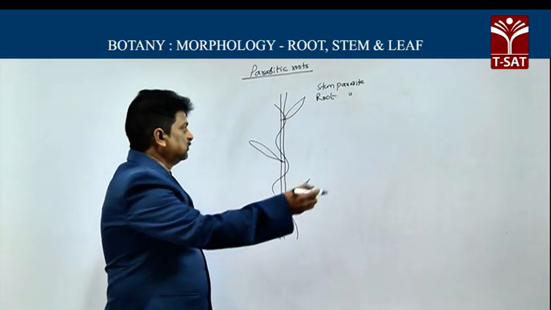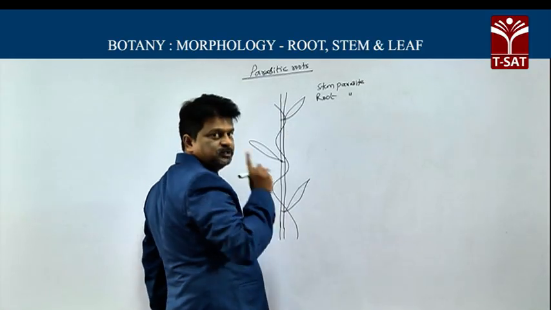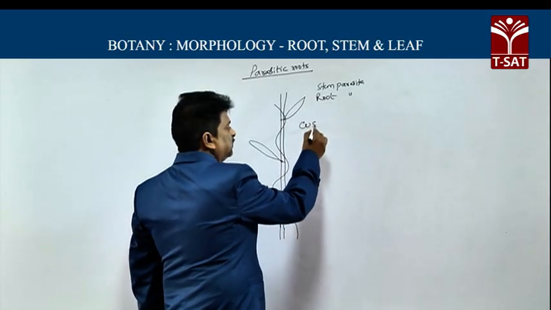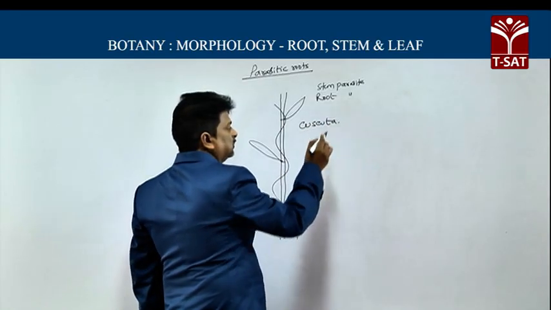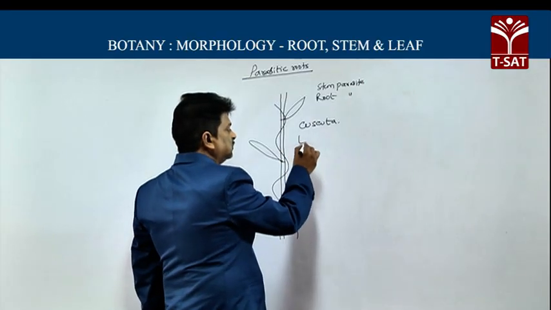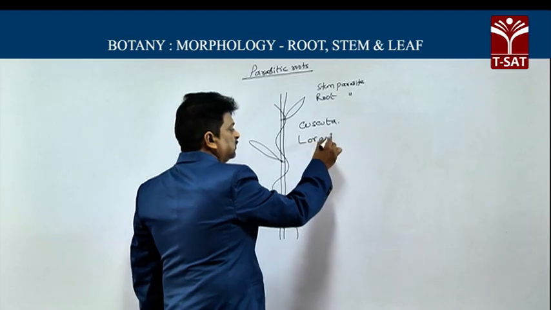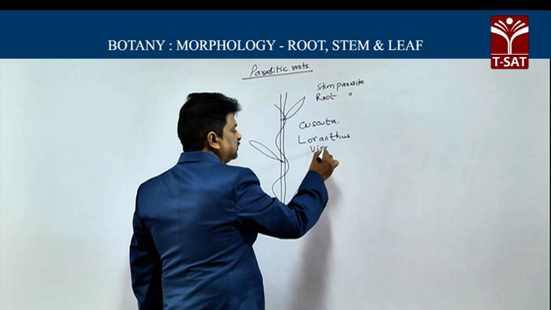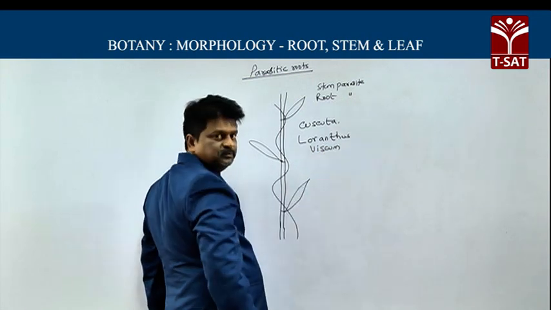So totally there are 4 types of parasites. Complete stem parasite, for example Cuscuta. Second, partial stem parasite, for example Loranthus and Viscum.